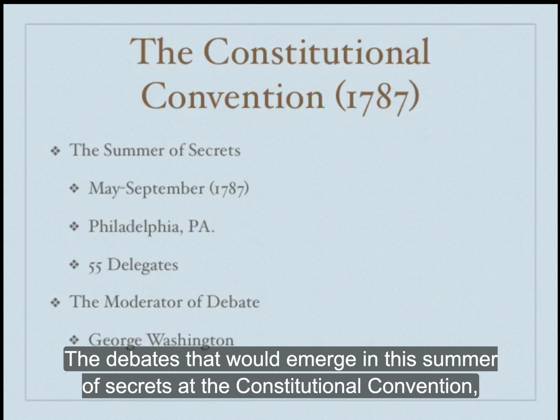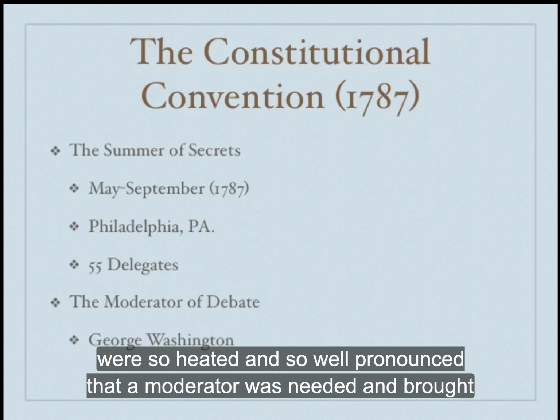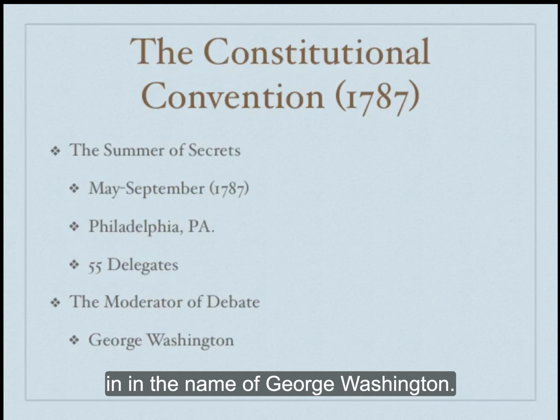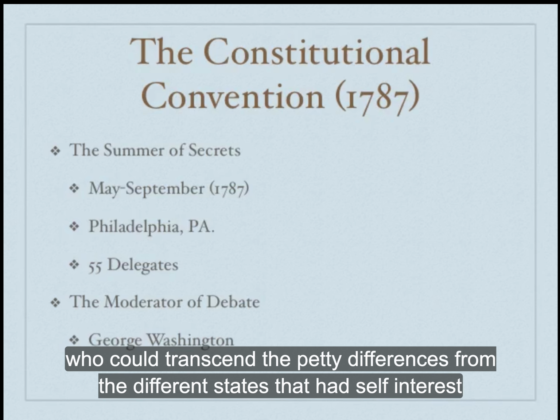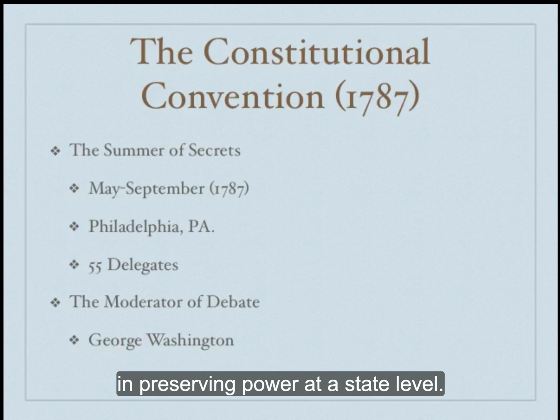The debates that would emerge in this Summer of Secrets at the Constitutional Convention were so heated and so well pronounced that a moderator was needed and brought in, in the name of George Washington. George Washington, a Virginian, was brought in and seen as someone who could transcend the petty differences from the different states that had self-interest in preserving power at a state level.